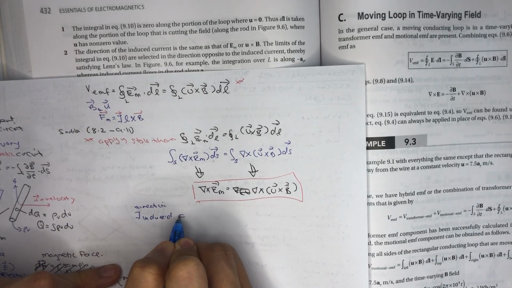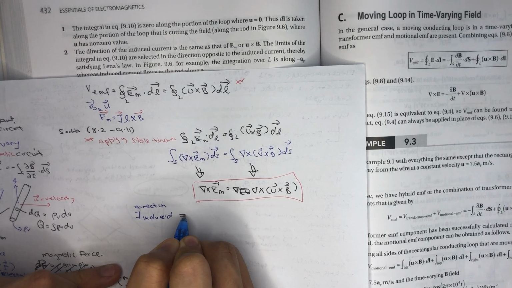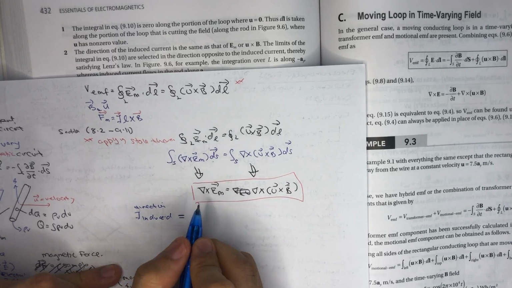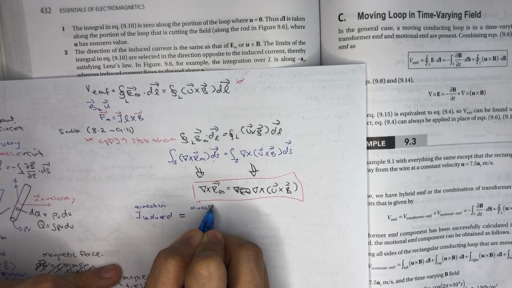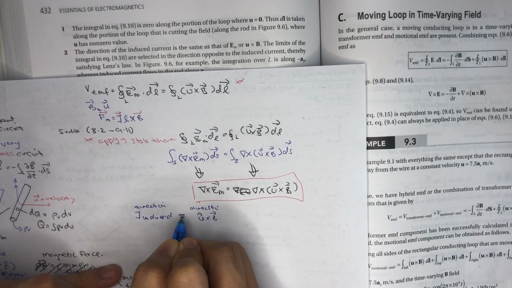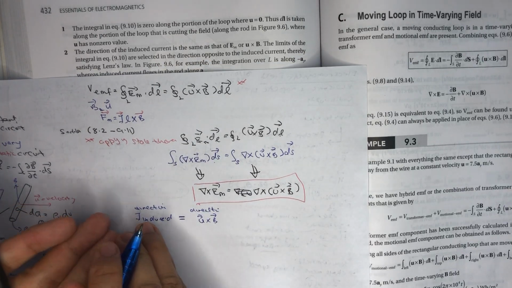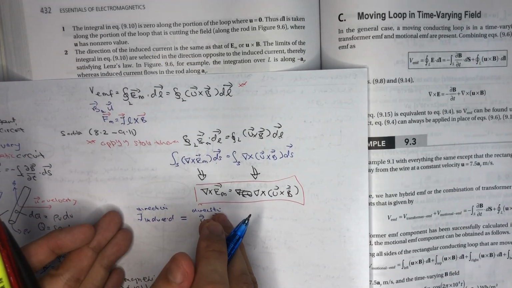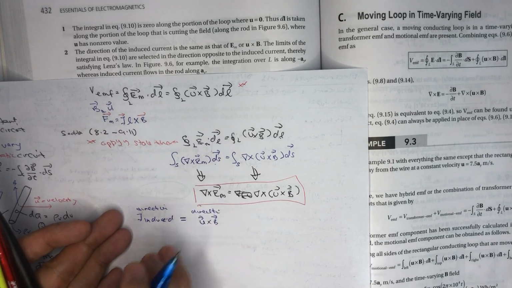This is not an equation, I just want to show you that this induced direction is equal to the direction of U cross B.